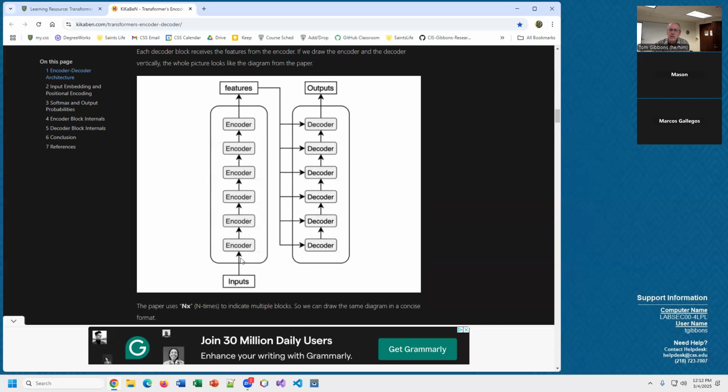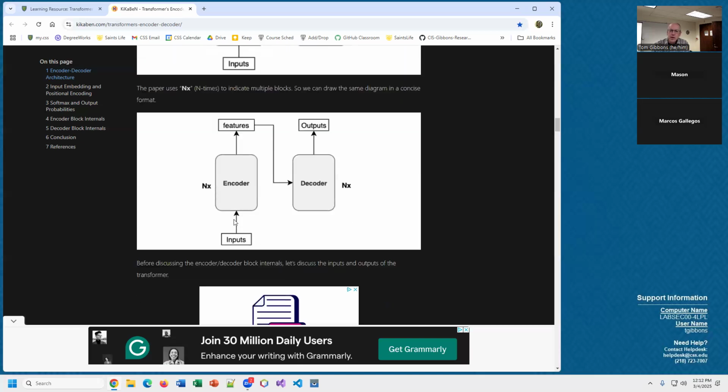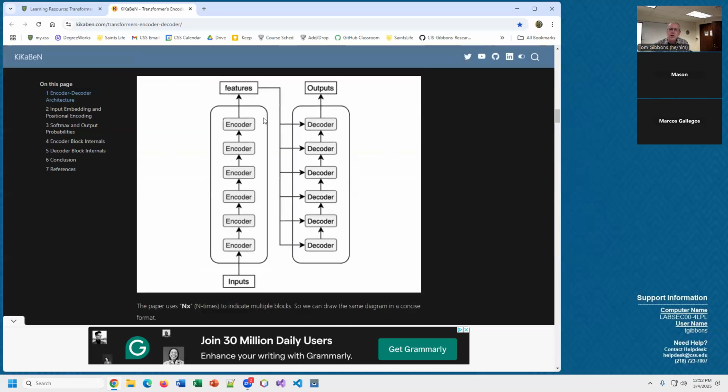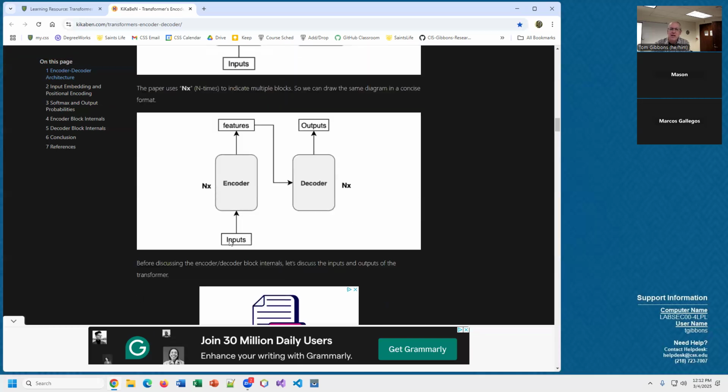So here's our overall view. We set our inputs, we feed them through a set of encoders, we generate a feature space that is sent to all of our decoders, and our decoders generate some outputs. That's our general idea of this map. So again, we're going to group these in boxes: inputs, the encoder, features, the decoder, the outputs.